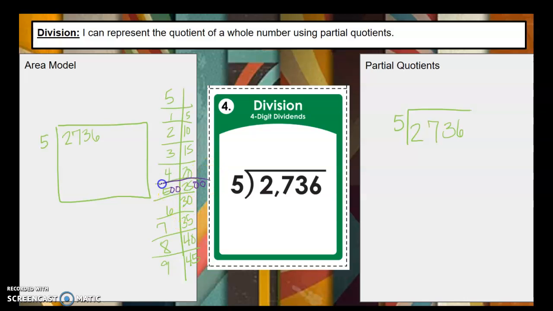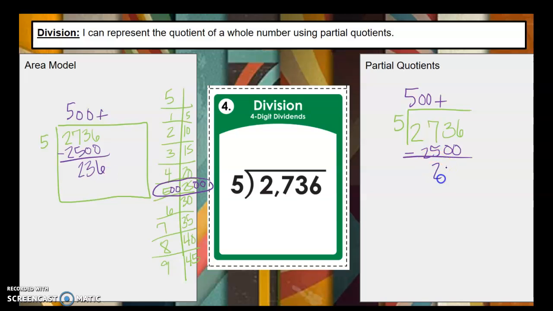And then I don't have to draw all those zeros on my chart. So I'm going to say 500, and then I can take away 2,500. And I just made that part of my chart 100 times bigger. And that's okay to do.